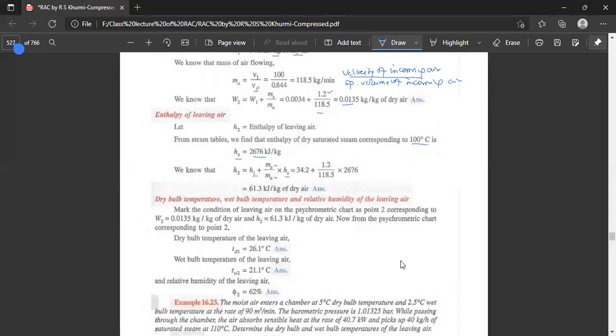And relative humidity of the leaving air, phi2, is given as 62%.